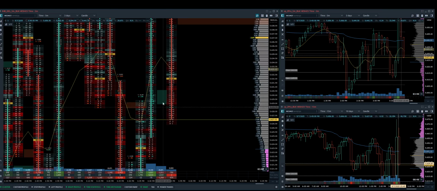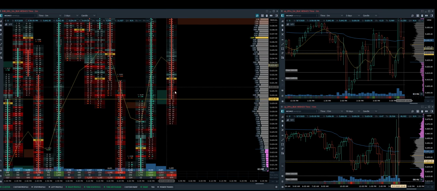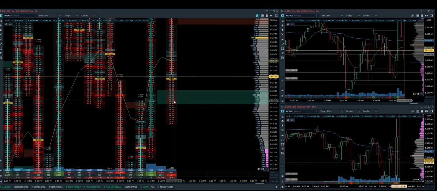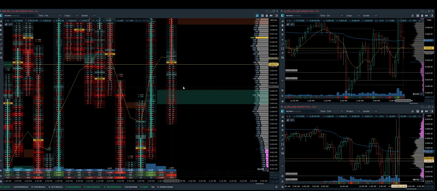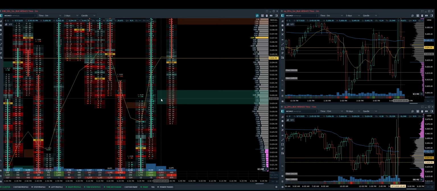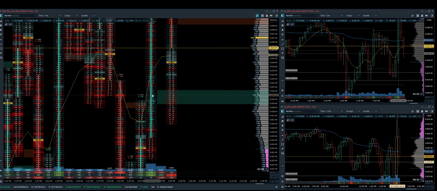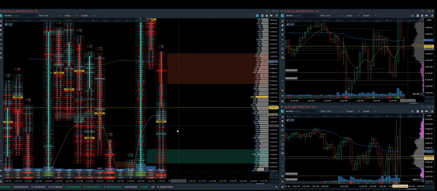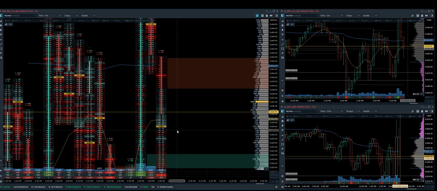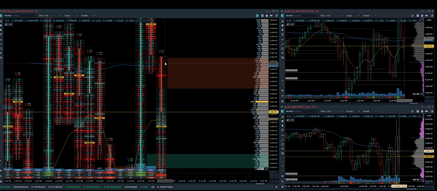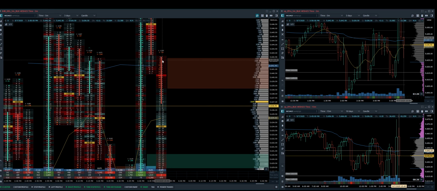These buyer imbalances, as long as we close here, are null and void. We won't take these into consideration. So no buyers here.